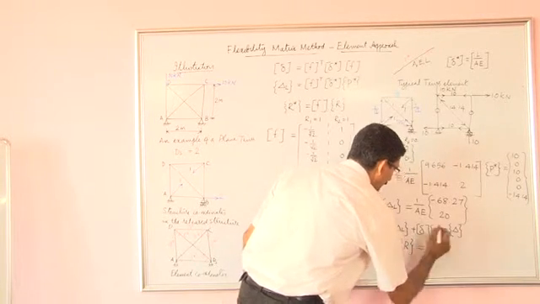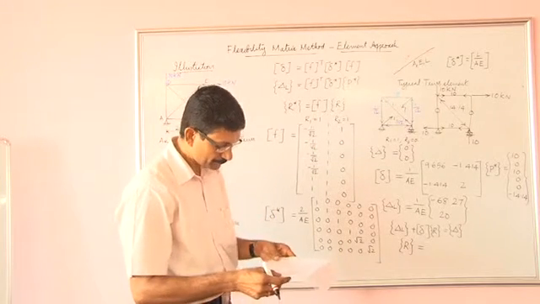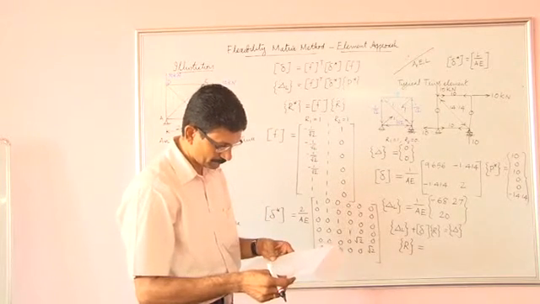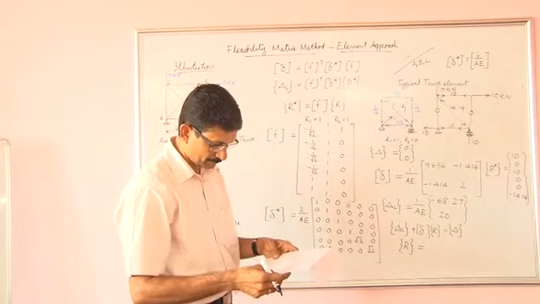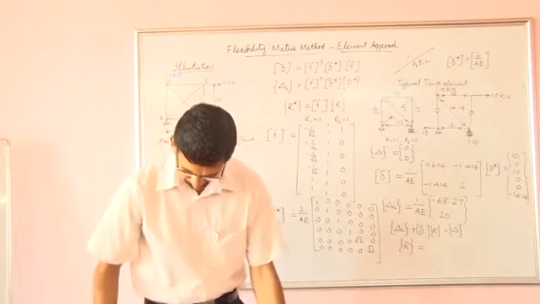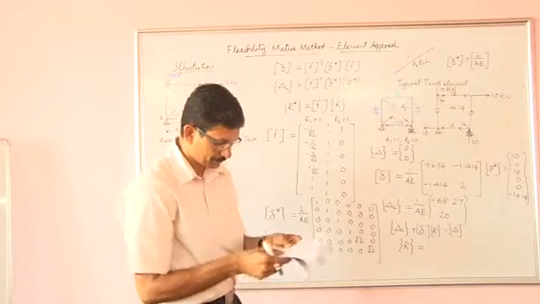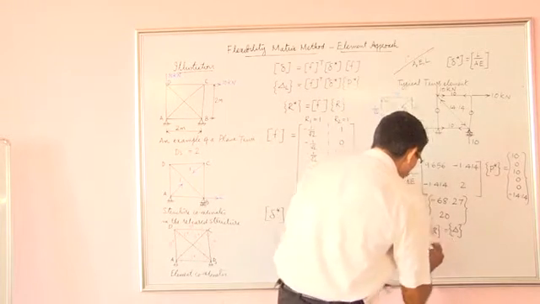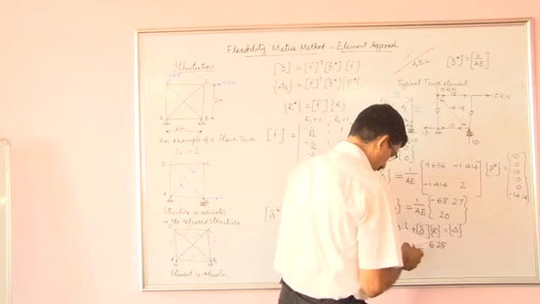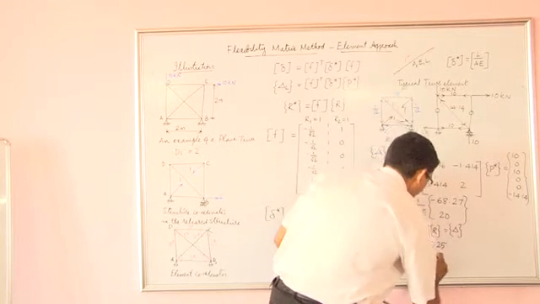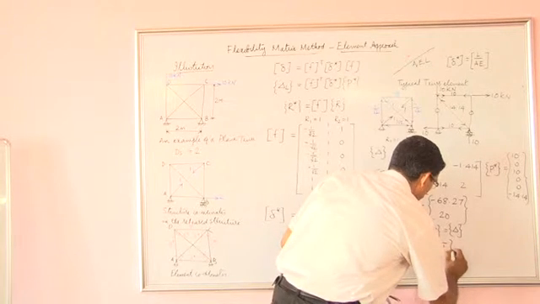If we do that, we have R is equal to 6.25 and minus 5.57, minus 5.58.